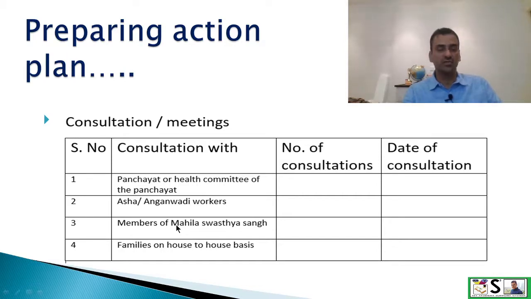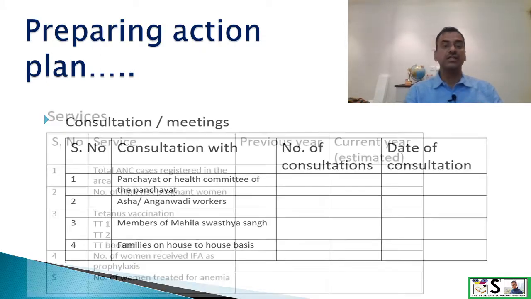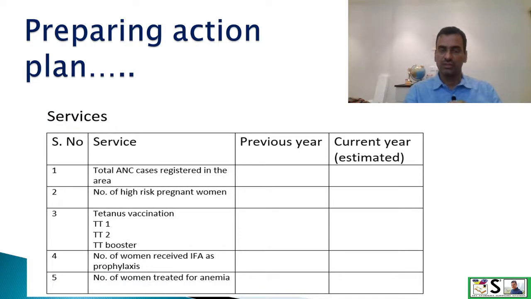Then members of Mahila Swasthya Sangh, if they are available, then we will talk and write the number of consultations and date. And then families on a house to house basis, how many families we have interacted with, 5, 10, any number, and then the date of the meetings. In this way we write about the meetings.